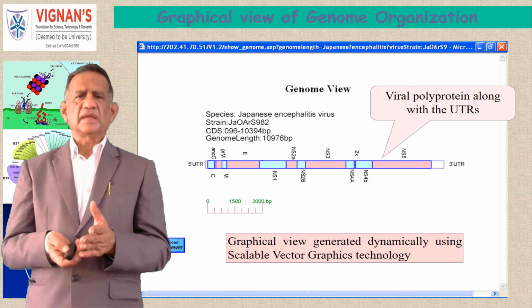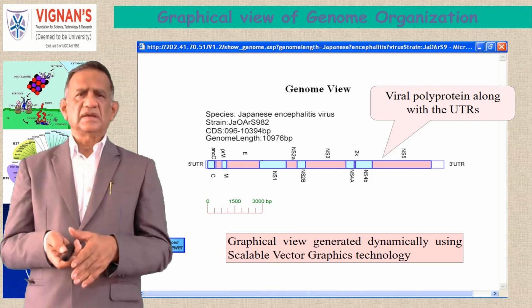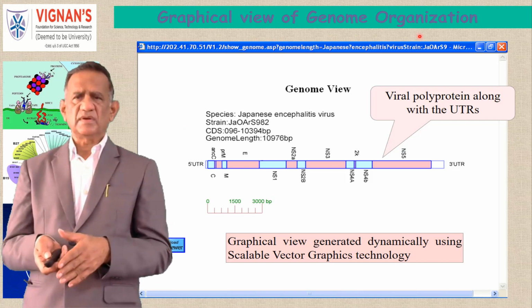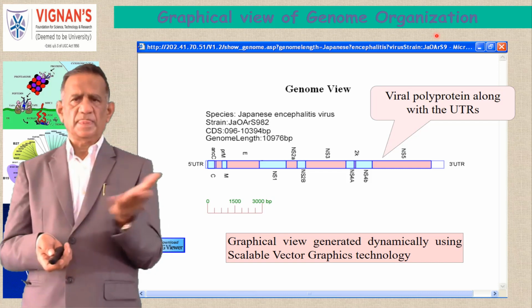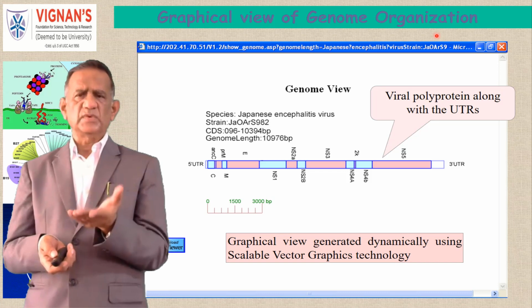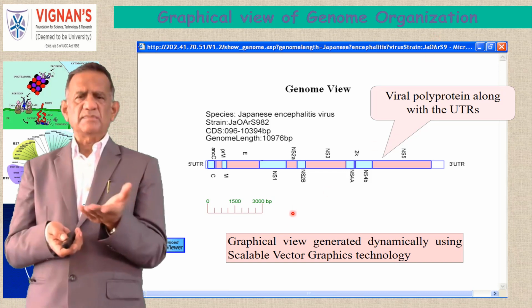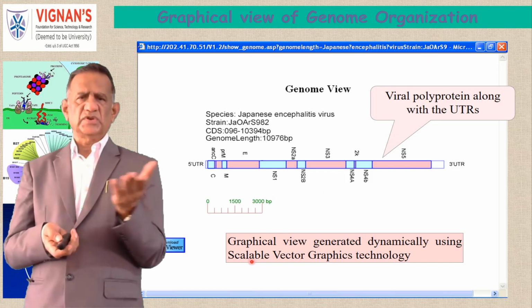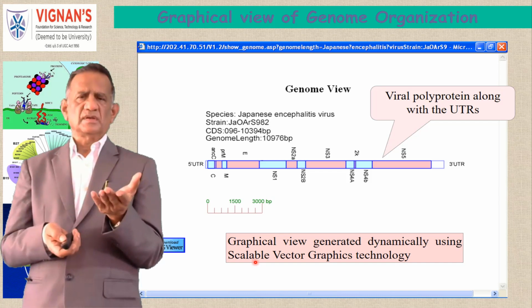And again, let us see the graphical view of genome organization. Here we have taken a viral genome, wherein the graphical view is generated dynamically using scalable vector graphics technology, genome view.